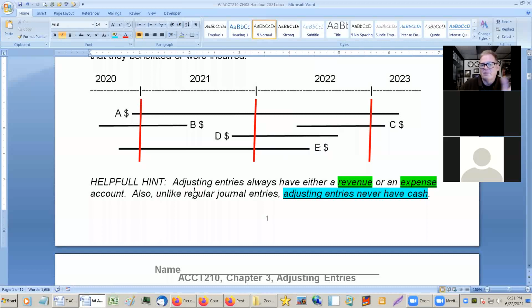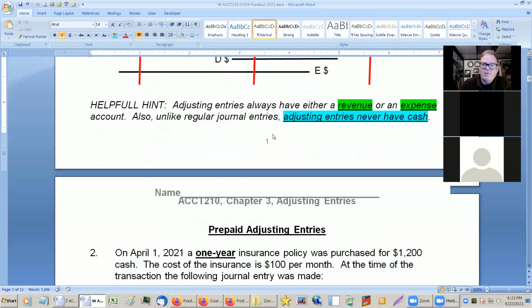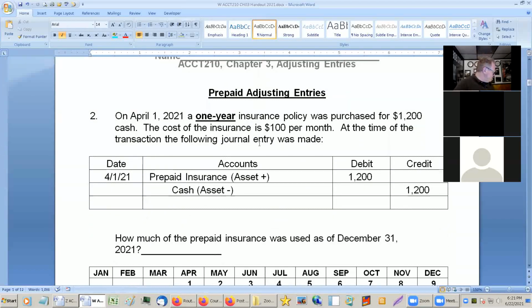The cash hasn't been paid yet. So with accruals and deferrals, we do the adjusting entry. There's no cash in the adjusting entry because no cash is changing hands at that point. It's either changed hands beforehand or it hasn't changed hands yet. So there's never going to be cash. So revenue and expense, it's never cash.